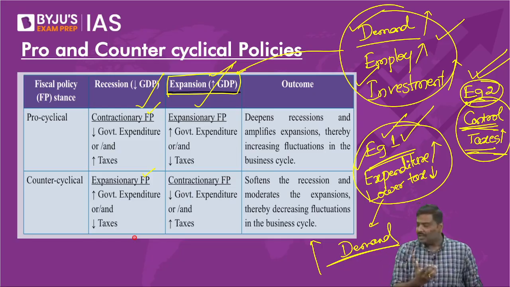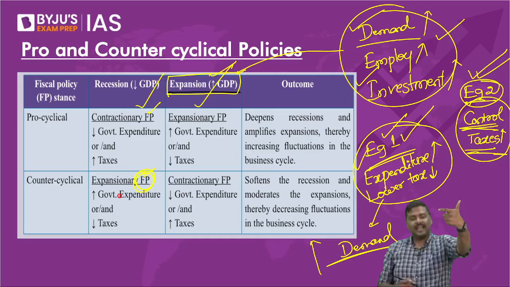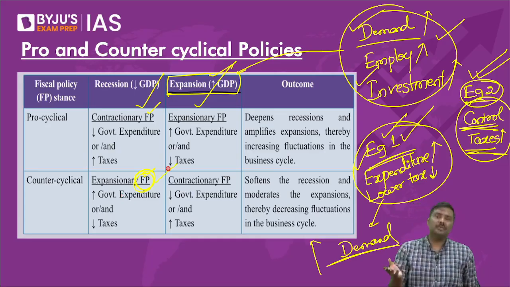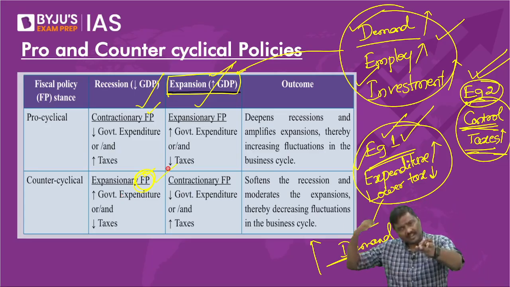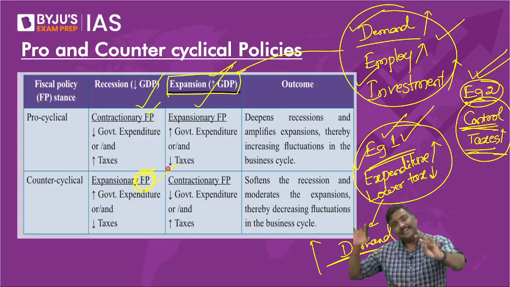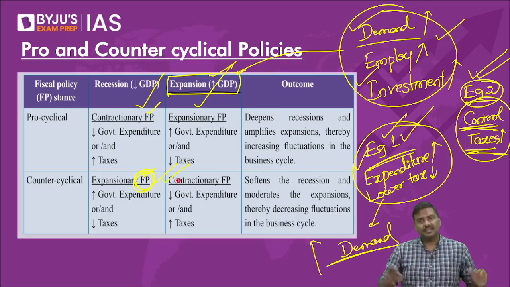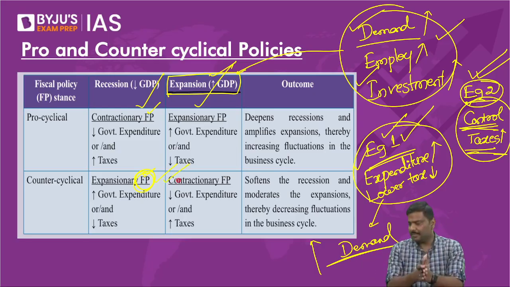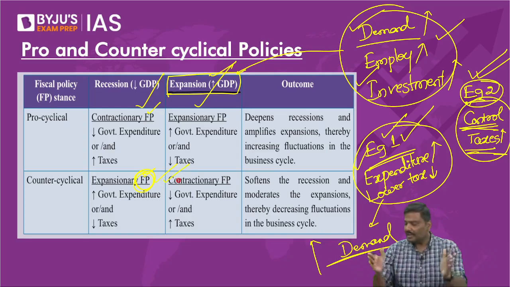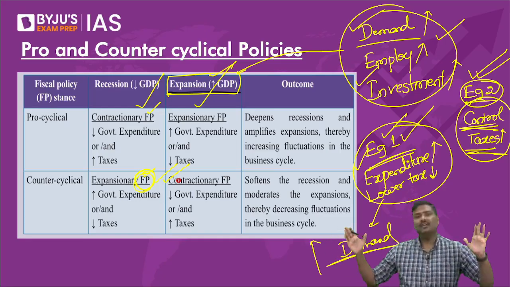So any policy of the government related to expenditure and taxation is called fiscal policy. We'll discuss taxation and the budget later. Don't worry. And last point, contractionary means reduce. Simple. Contractionary means reduce. Expansionary means increase.